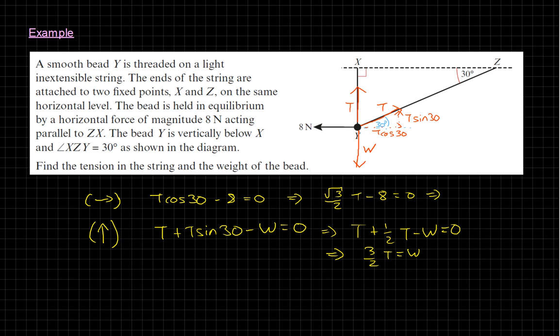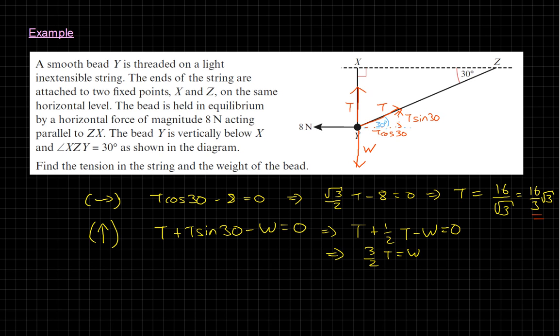Because we've got root 3 over 2 T equals 8. So therefore, doing the rearranging in my head a bit, if that's successful, we've got 16 over root 3 for T, which we could equivalently write as 16 over 3 times root 3, if we don't want a root on the denominator. Okay, so that's our T.